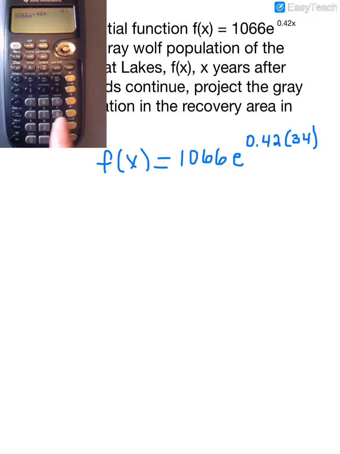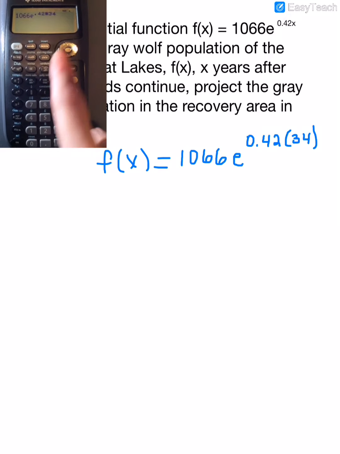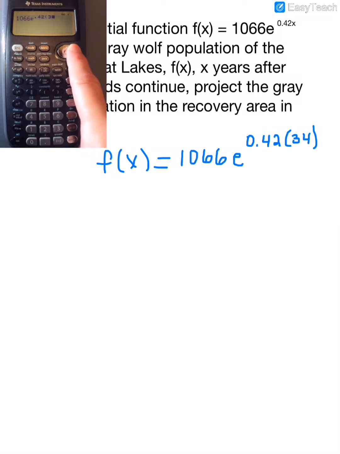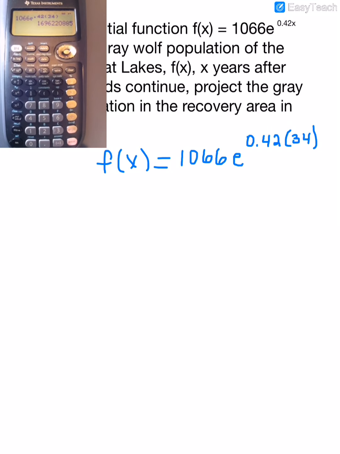We could either do times 34 like that, or put it in parentheses. Either way, it's going to calculate it correctly. And then we hit enter, and we get 1,696,220,885. That's a lot of wolves.